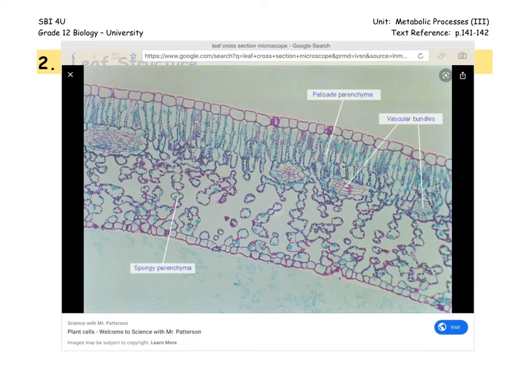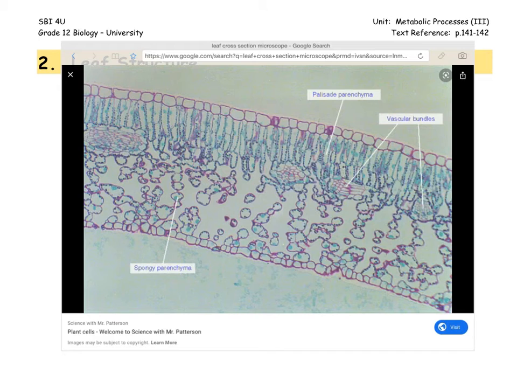All right, so here I found a diagram that I think will work. What we're looking at here is a microscope slide that was made of a leaf cross-section. You can see up here are our clear or transparent upper epidermal cells. You can see here the palisade mesophyll, sometimes referred to as the palisade parenchyma.